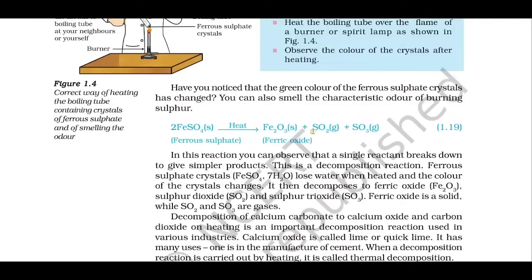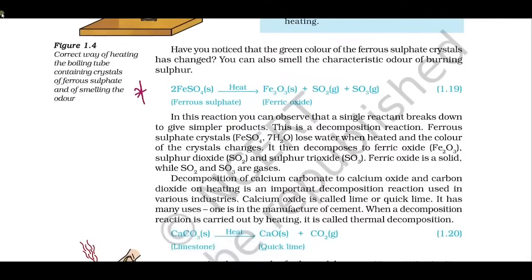Very important reaction, you can mark it as an important reaction. 2FeSO4 gives Fe2O3 plus SO2 plus SO3. Here you can see a single reactant breaks down into two or more products.